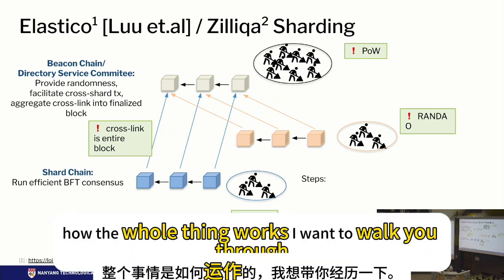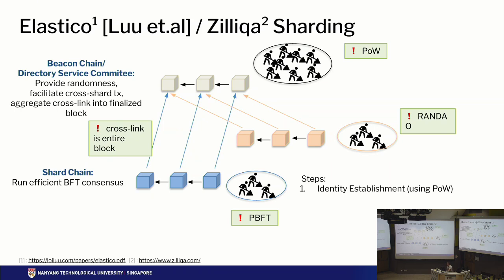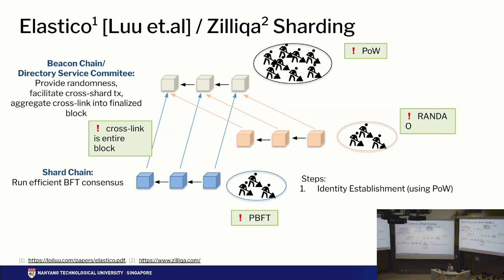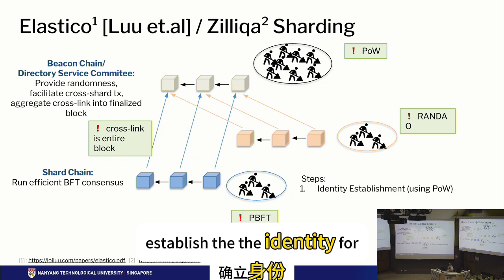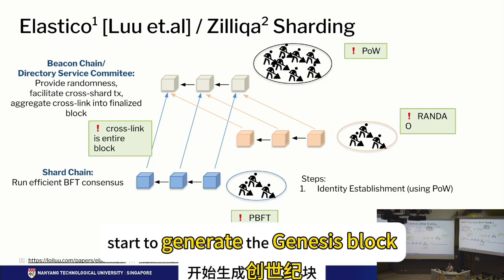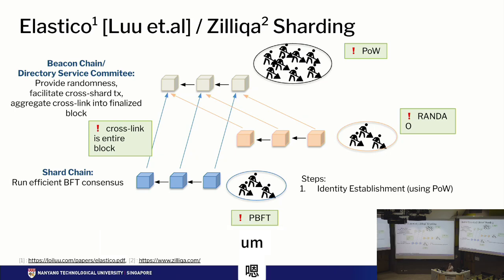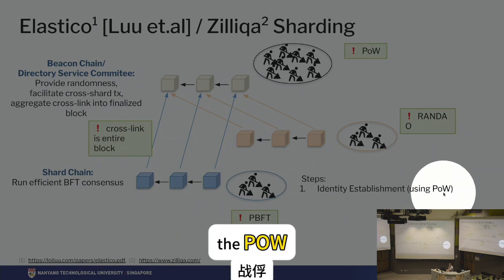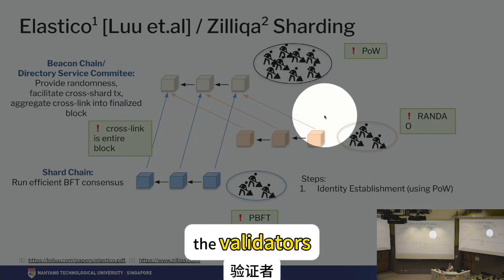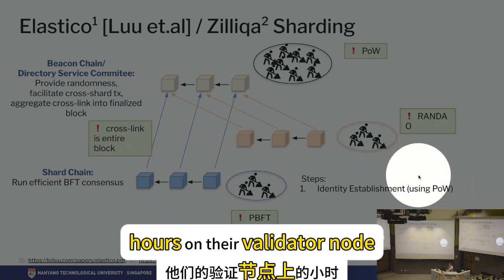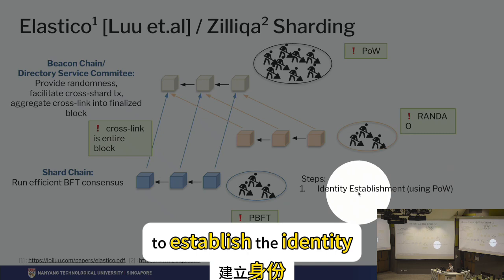So how the whole thing works, I want to walk you through. The first step is I need to establish the identity for all the validators before the blockchain starts to generate the genesis block. By using the POW, the validators are running this kind of POW algorithm on their validator node to establish the identity.